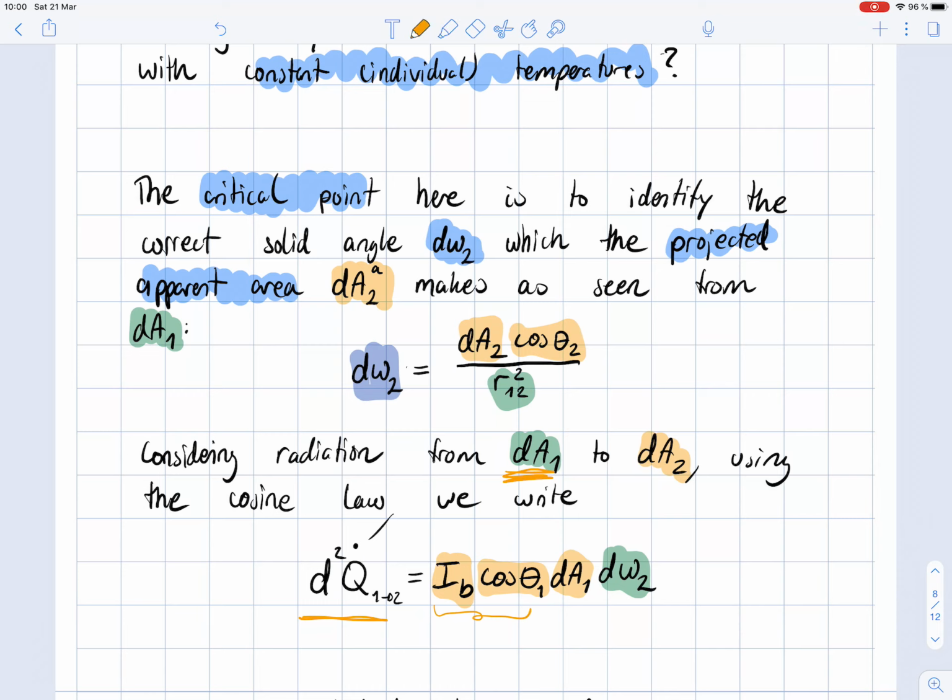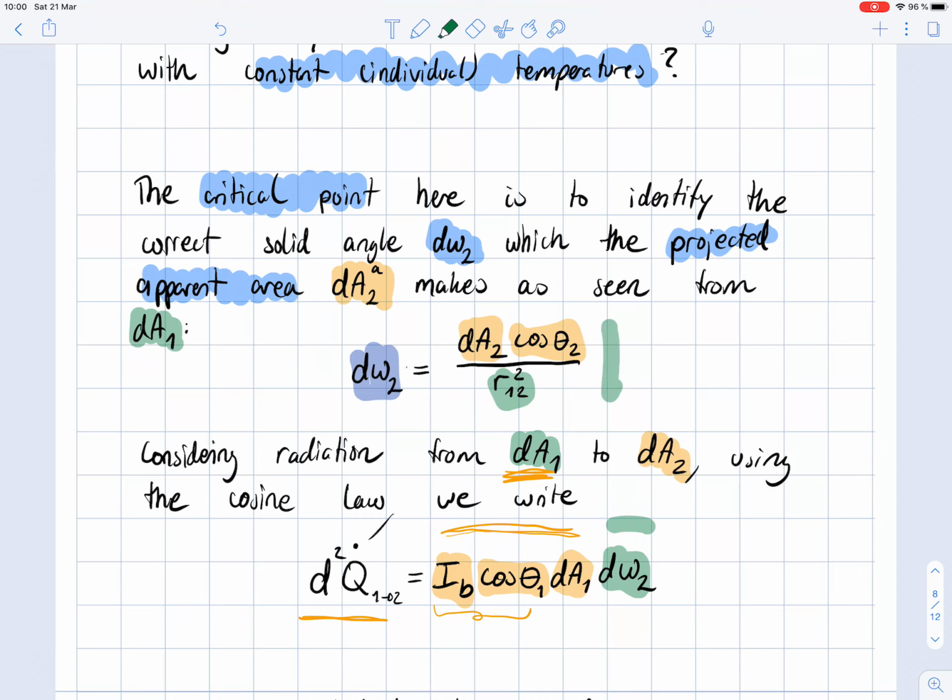So note the colors here. Everything in orange refers to surface 1. This is the part of the radiation leaving the first surface, while this that we have in green is how much of surface 2 is seen by surface 1, so to speak.